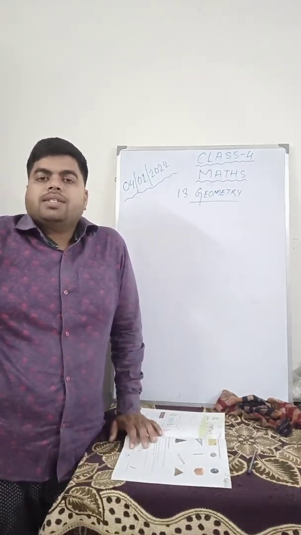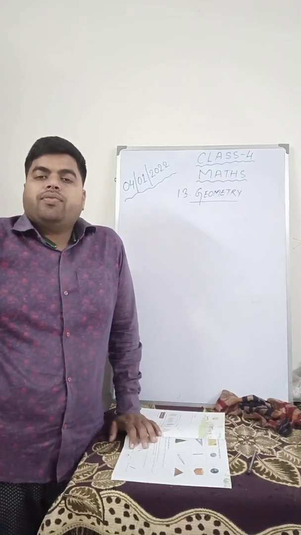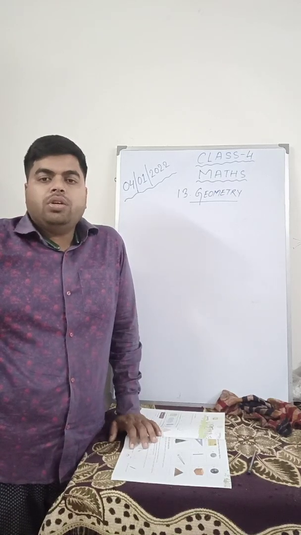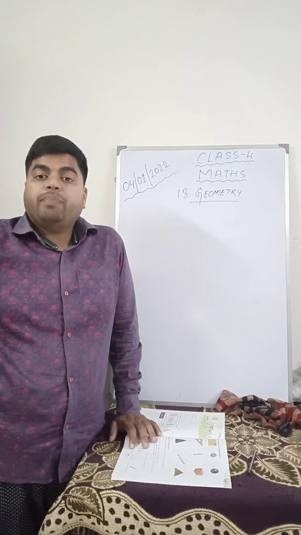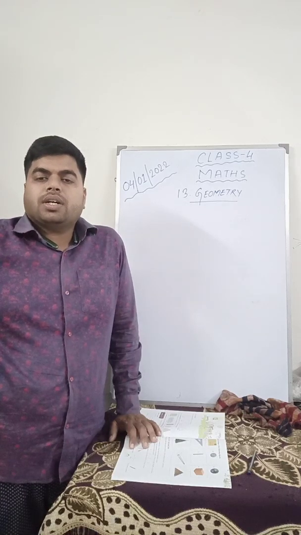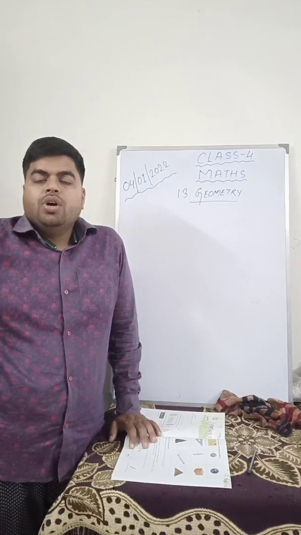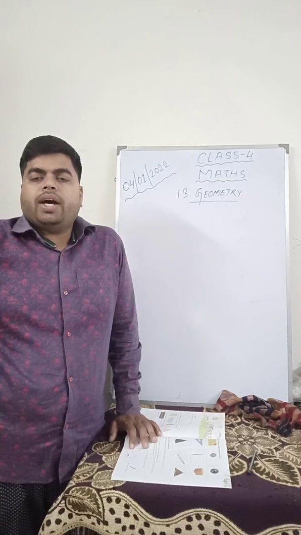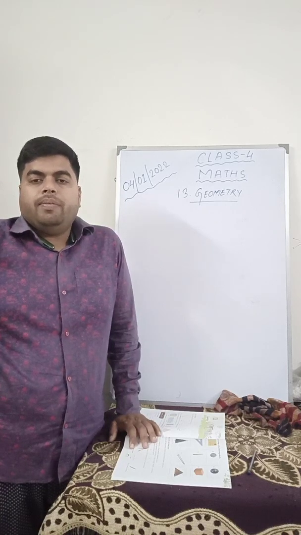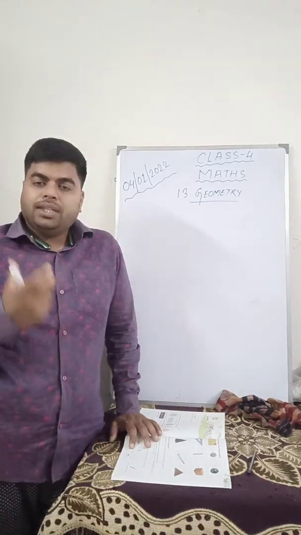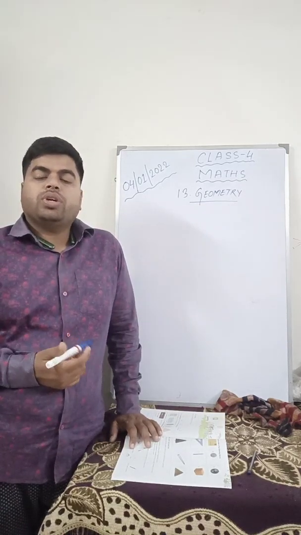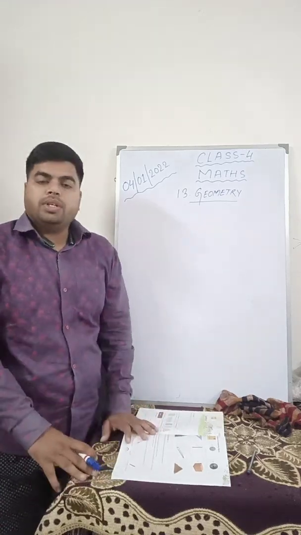So to understand sums in geometry, you have to know the basic theory of geometry, that is theory of shapes and patterns, symmetry, construction, like this. So we all know about different types of shapes like square, rectangle, triangle, then you have sphere and all. So you have to have that knowledge about shapes so that we can start with geometry.